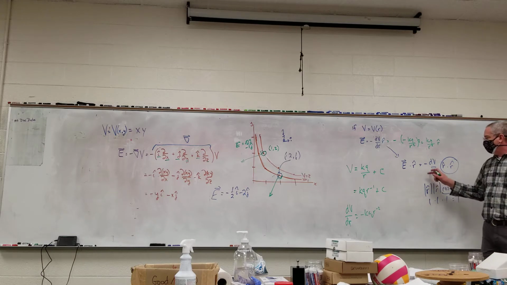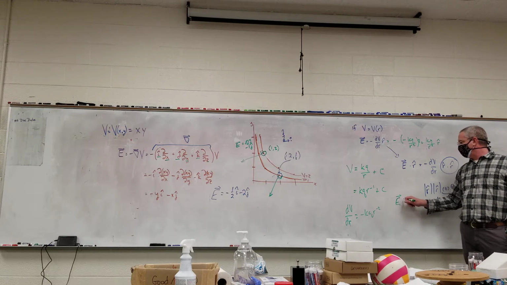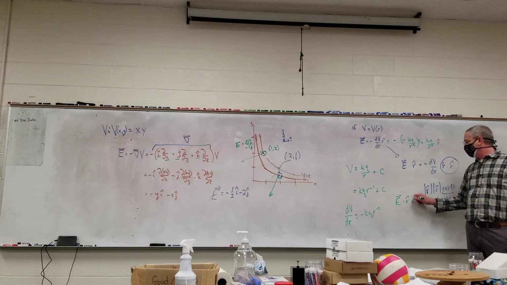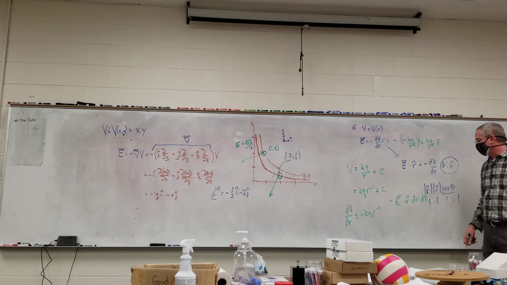So now I can multiply both sides by dr, so it's E dot r hat dr is equal to dV. Let's put the negative sign over there, and then integrate.